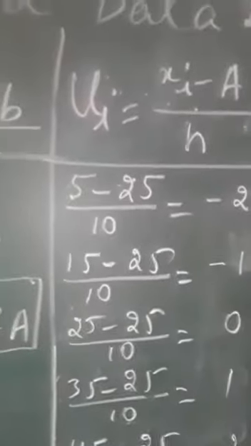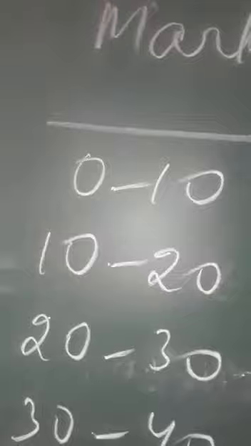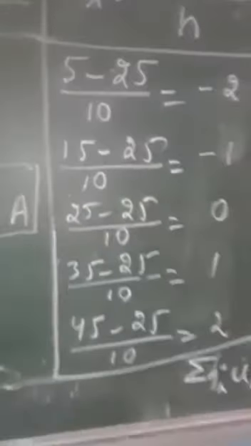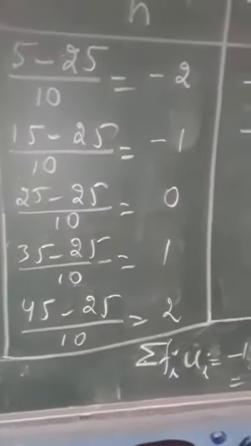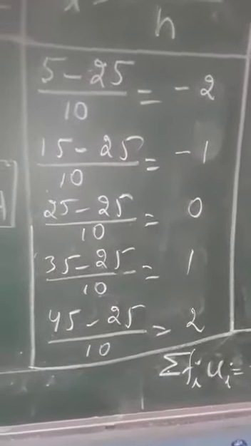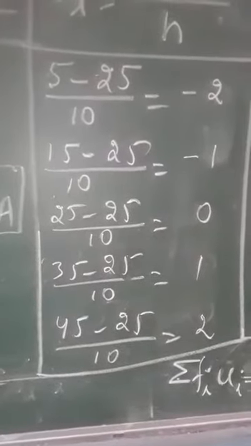H is class size over here. In this formula, H is class size. Class size means the difference of upper and lower limit of the class interval. Here we will obtain the value of ui, which we have obtained by finding the quotient of di and h.